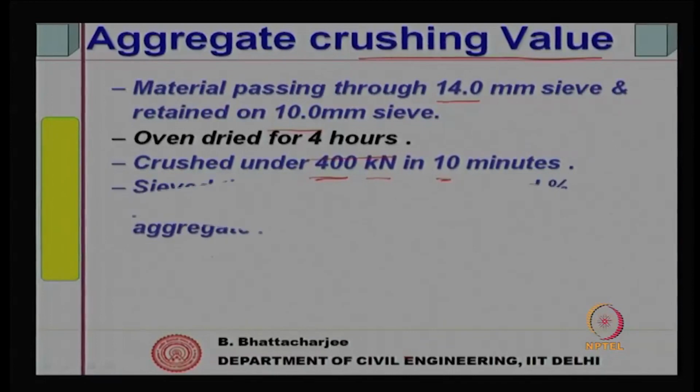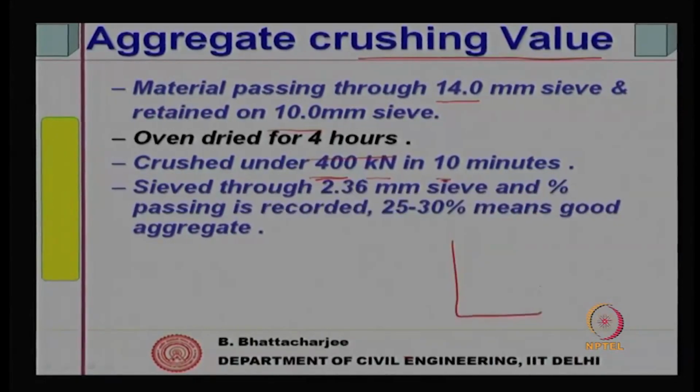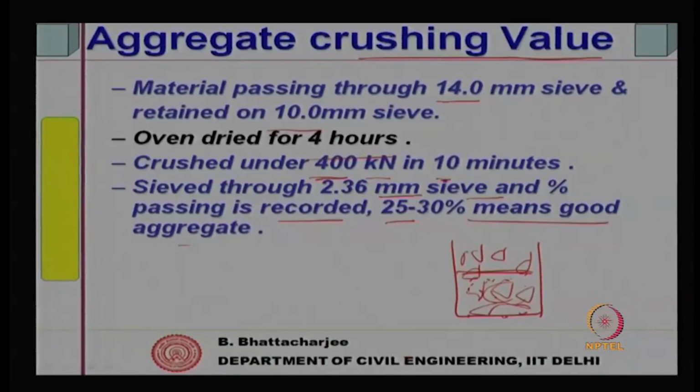Now, what will happen when you crush these aggregates? Originally it was filled in something like this, and once you crush, they will occupy these areas at first, but a number of fines will be generated through crushing. Then you sieve this material through a 2.36 millimeter sieve, and the percentage passing is recorded. 25 to 30% means good aggregate.